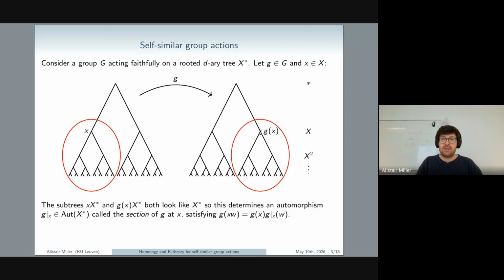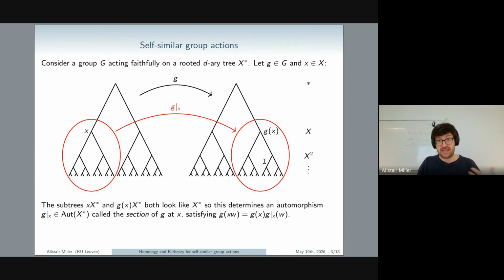But because these are all just infinite regular trees, each subtree looks like the whole tree. So what this automorphism g does from this subtree to that one is really just an automorphism of the tree itself.